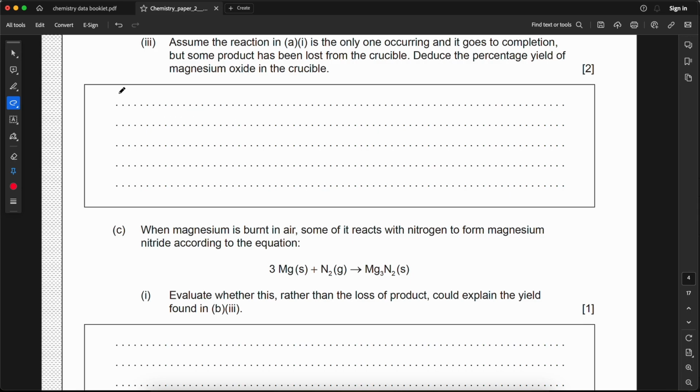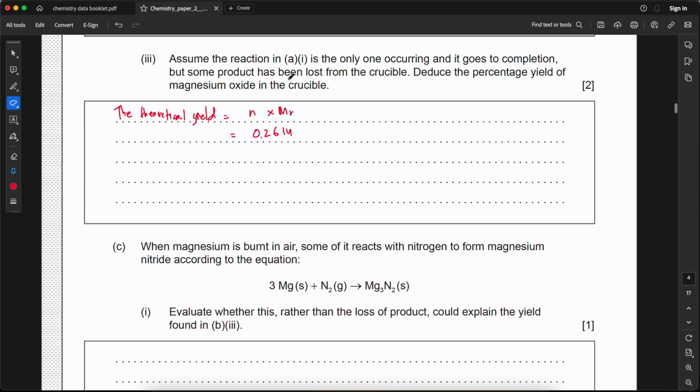So we need to find the theoretical yield of magnesium oxide, because when magnesium is heated, some of it might react with oxygen.